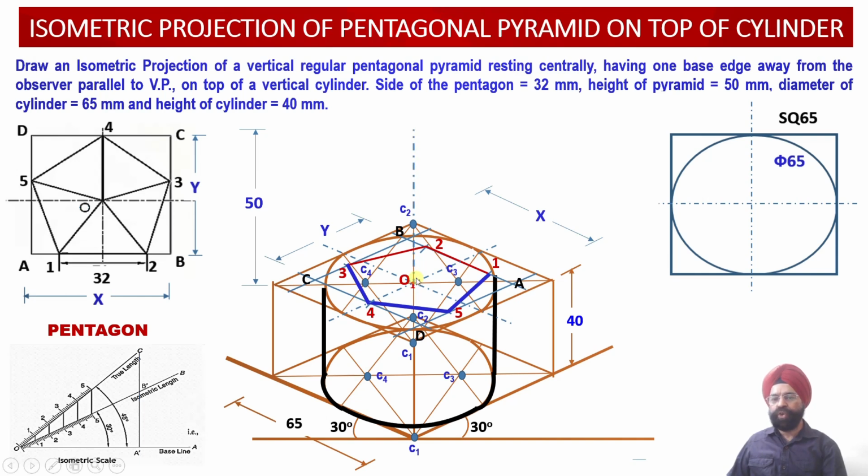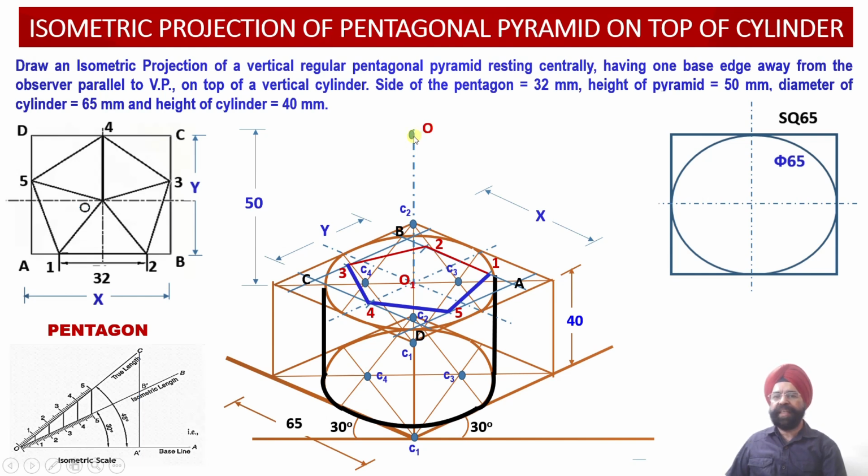Now from this O1 point, please check, I have drawn the axis height which is equal to 50 millimeter. We know that the height of the axis of the pentagonal pyramid happens to be 50 millimeter. So the apex point O has been located.